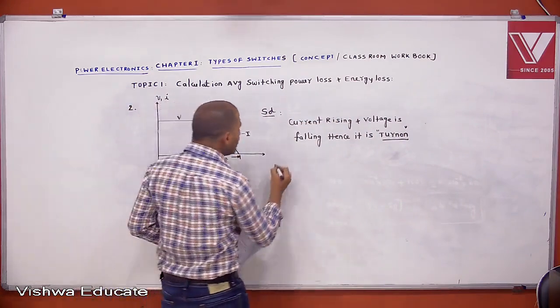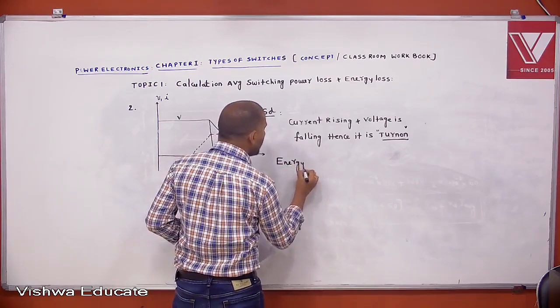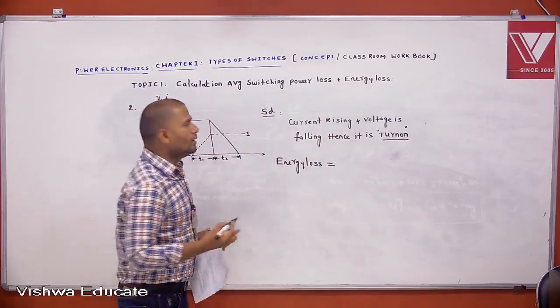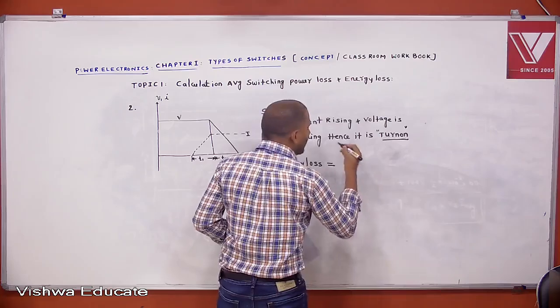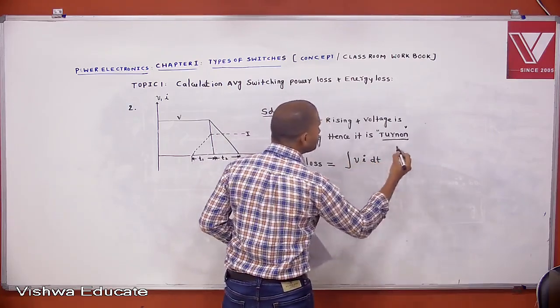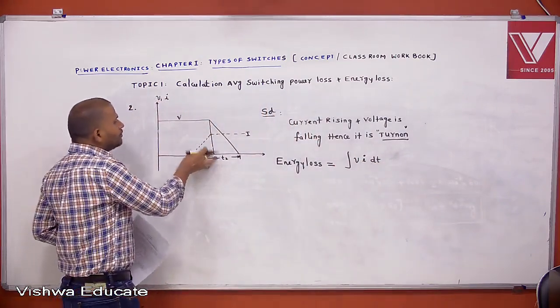Now, what is the average energy loss? Energy loss during turn-on transition is the integral of VI dt. During T1 time, which is constant?